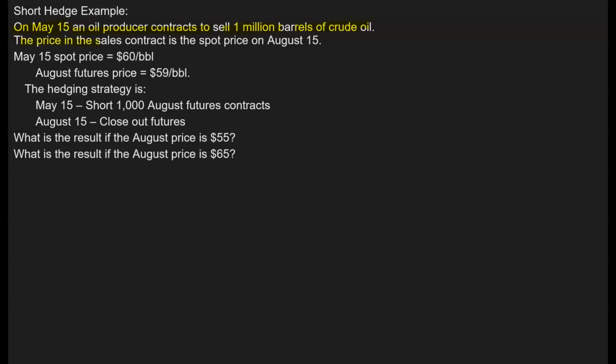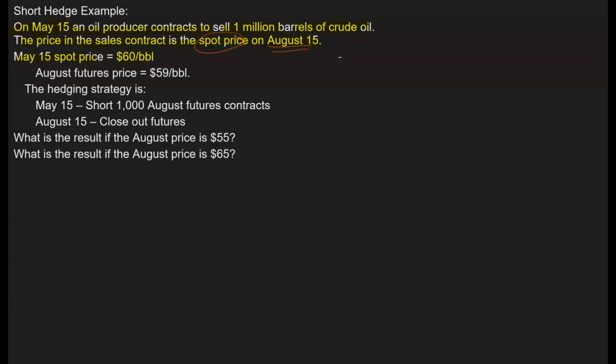The price in the sales contract is the spot price on August 15. So we know that on August 15, we're going to be selling at whatever the underlying is selling for, the spot price on August 15. The May 15 spot price, that's the price in May, is $60 per barrel.